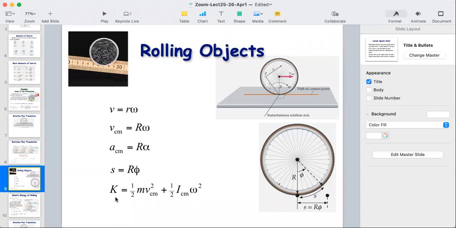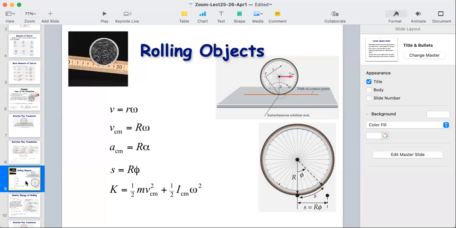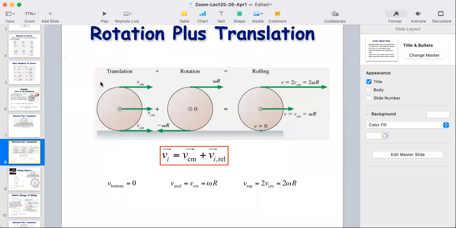And if we ask for the kinetic energy in this case, remember, it's rolling, and rolling means all the time translation plus rotation. So the kinetic energy is the sum of the translational kinetic energy plus the rotational kinetic energy.